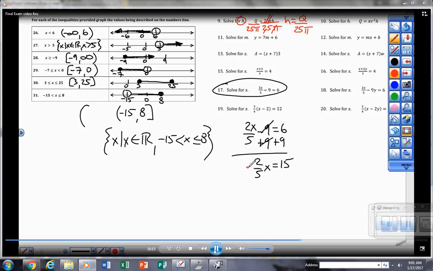The reciprocal of 2/5 is 5/2. I'm going to multiply the other side by the reciprocal. Anytime you multiply a fraction by a reciprocal, it cancels away. And on the right side there, multiplying straight across, 15 times 5, I believe, gives me 75. And then 2 times 1 just gives me 2. So that gives me 75 halves.